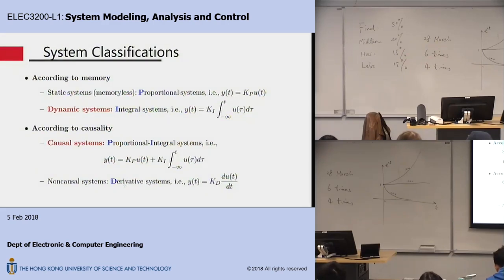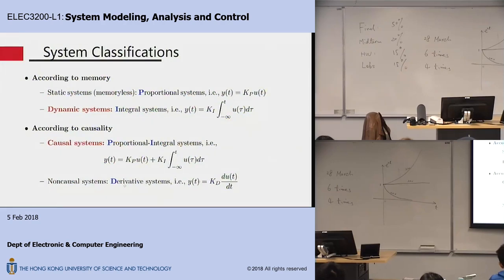The simplest system is called a static system, a system without memory. In this case, if we have a u with a certain waveform, the output has the same waveform. It's just scaled, amplified, or scaled down a bit by a constant.